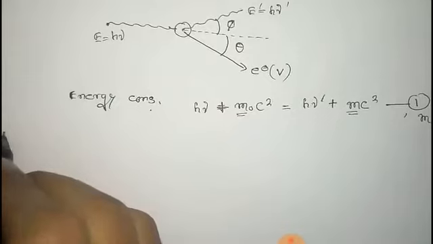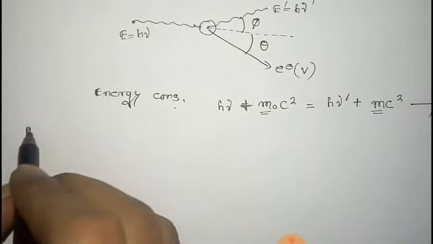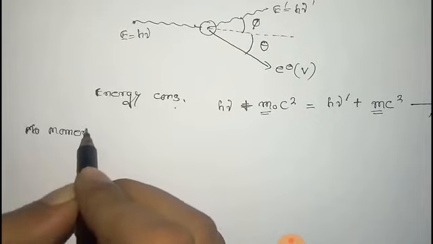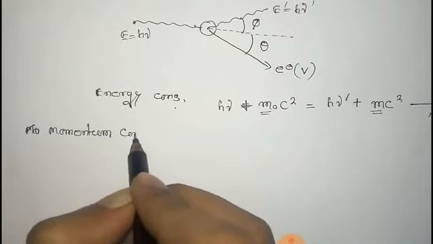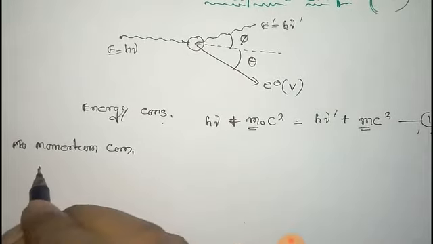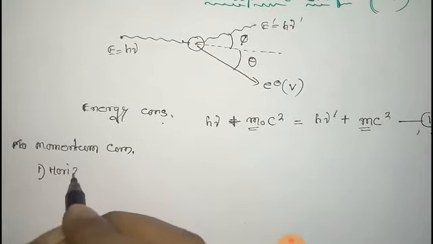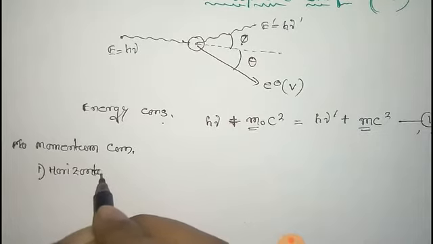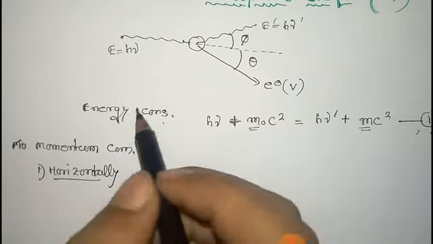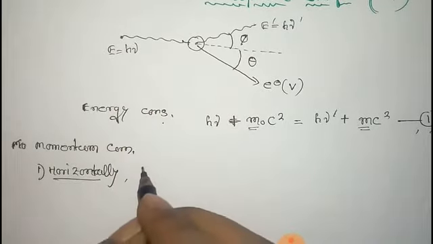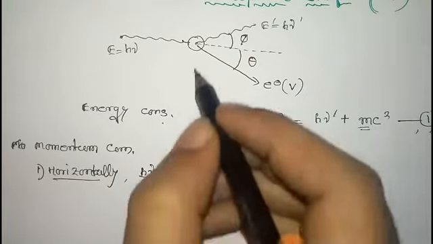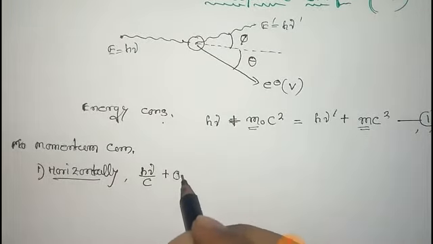Now we take the momentum conservation case. First, horizontal momentum conservation. For this, the horizontal momentum of this photon is h nu by c, plus the electron is at rest before collision, so the momentum is 0.